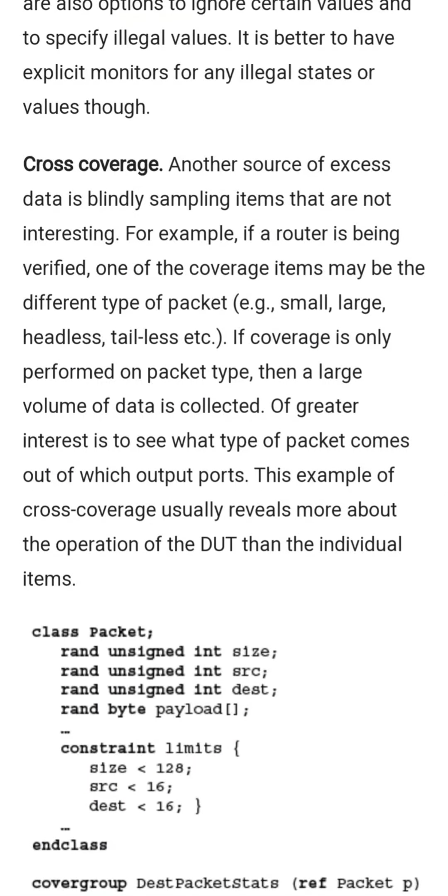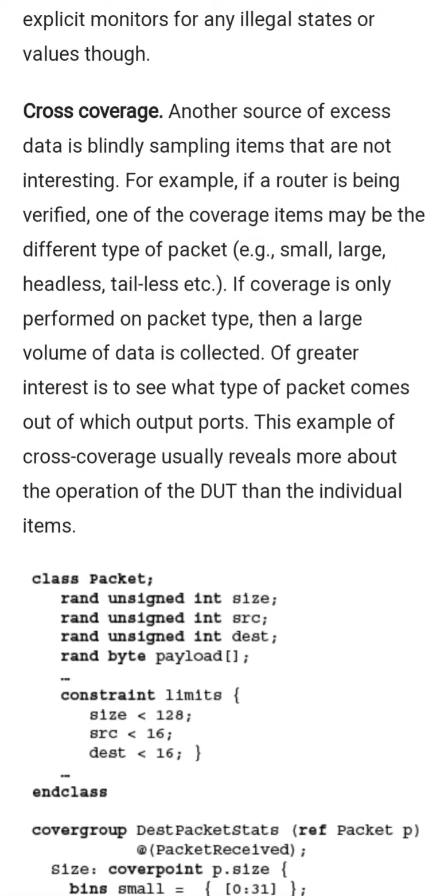Cross coverage. Another source of excess data is blindly sampling items that are not interesting. For example, if a router is being verified, one of the coverage items may be the different types of packet, for example, small, large, headless, tailless, etc. If coverage is only performed on packet type, then a large volume of data is collected.